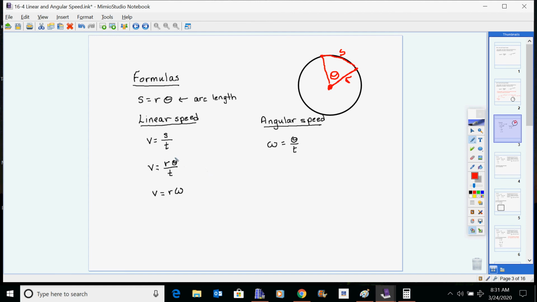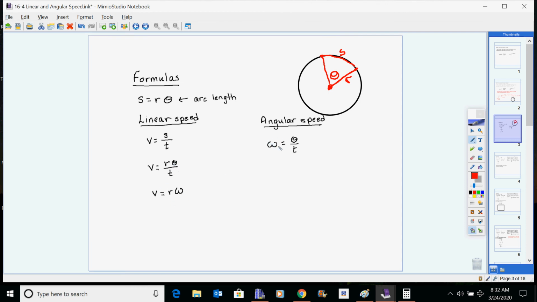But another way of thinking about that formula: because s, our arc length, equals our radius times the number of radians it passes through, you could sometimes replace s with r theta. And here's another replacement.